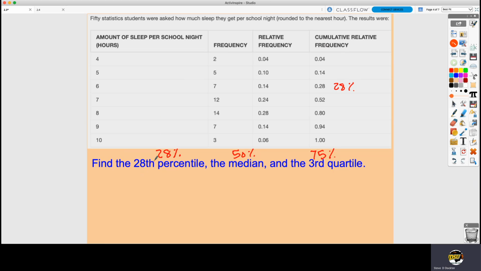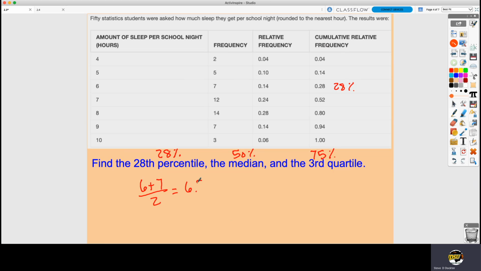All right, now to find the 28th percentile though, that means we are going to have to look at these numbers in particular. All right, and the 28th percentile is going to be halfway in between this one and this one. So halfway in between, we just take 6 plus 7 and then divide it by 2.